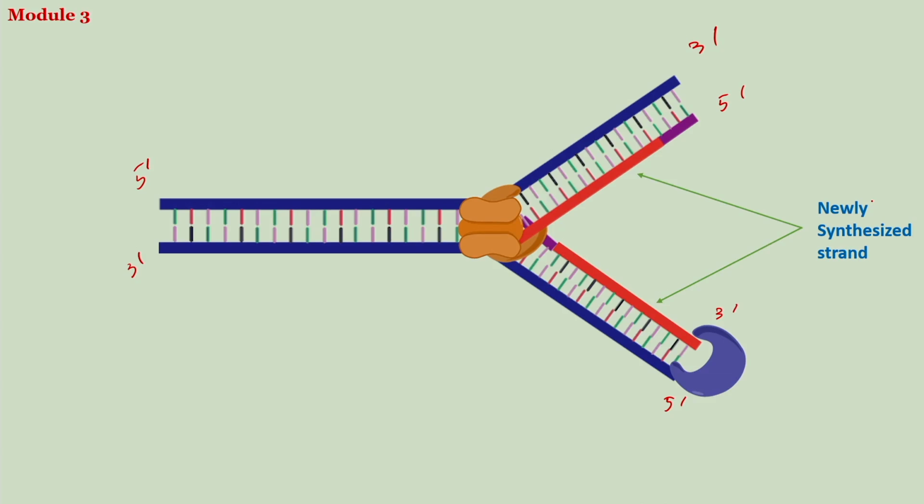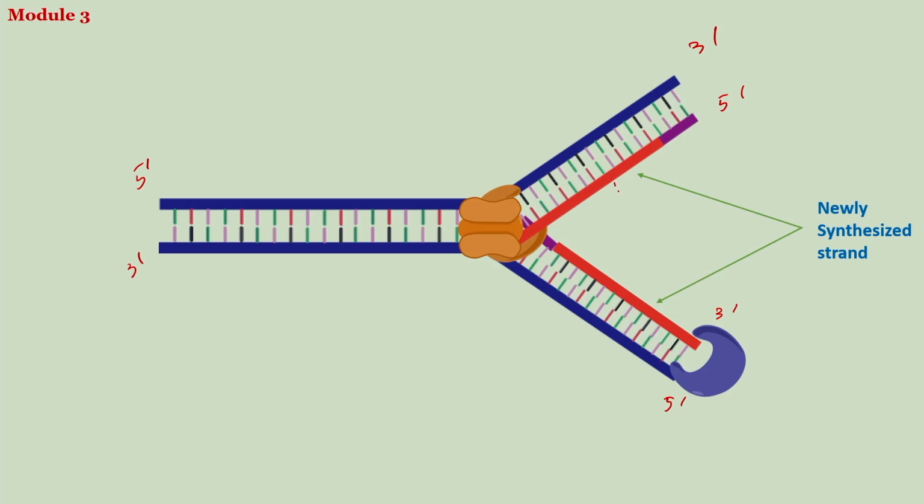It is not really so for the process of replication. The 2 strands, 5 prime to 3 prime and 3 prime to 5 prime, will behave very differently, as we will see. You can already see here, you need a primer for this direction, whereas this strand is going in the other direction.